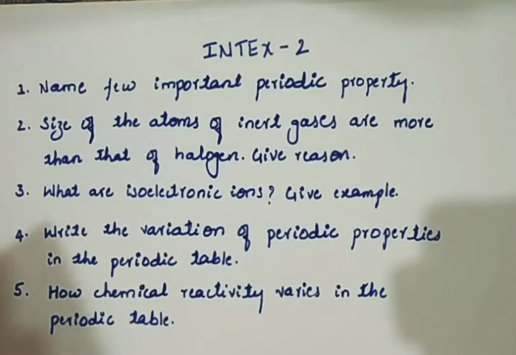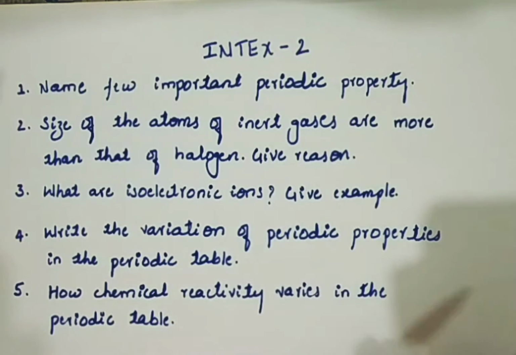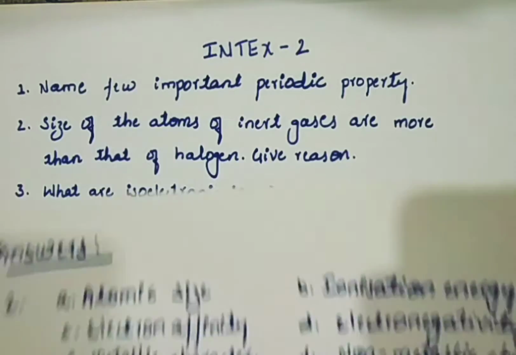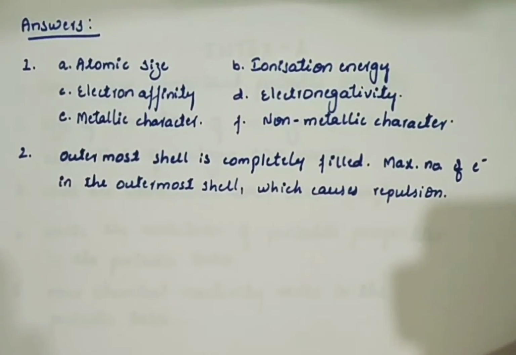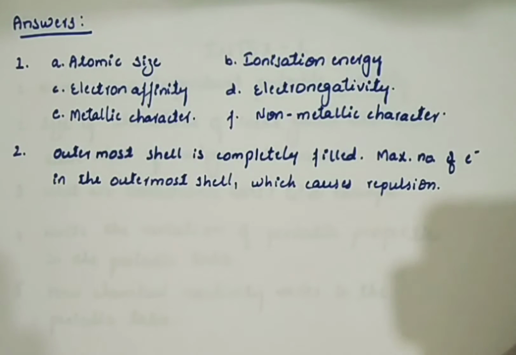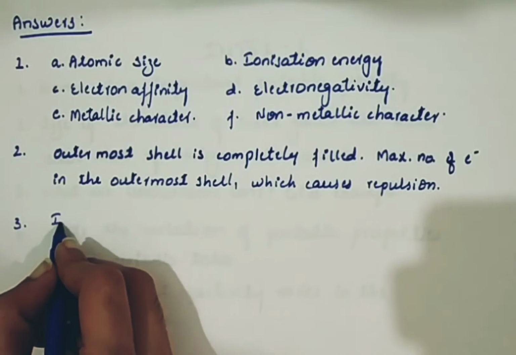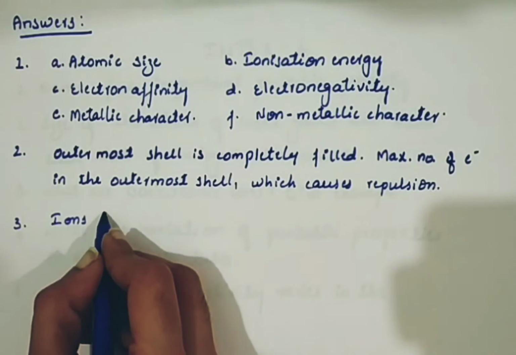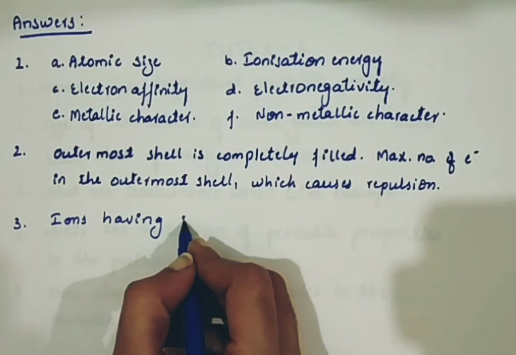Okay, next, third question. What are isoelectronic ions? Give an example. The ions having the same number of electrons but different numbers of protons are regarded as isoelectronic ions.